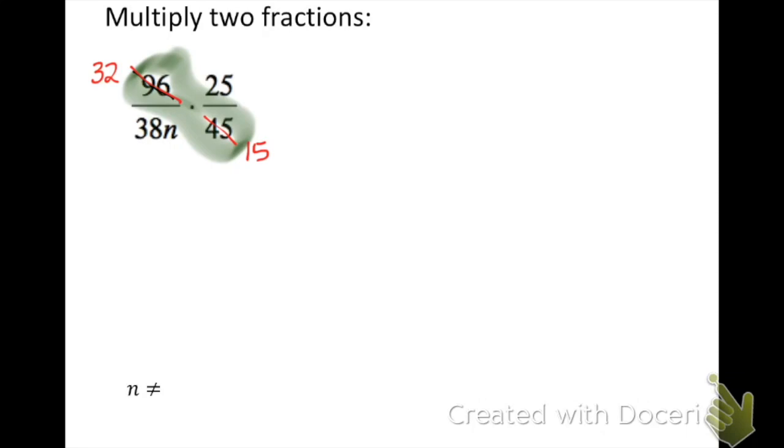So now I can look again on the top and bottom if I want to, and I could simplify these fractions again. So looking at 25 and 15, actually, yeah, why don't I rewrite this? That might be easier. Okay, so now I can do this again, and I see 25 and 15.